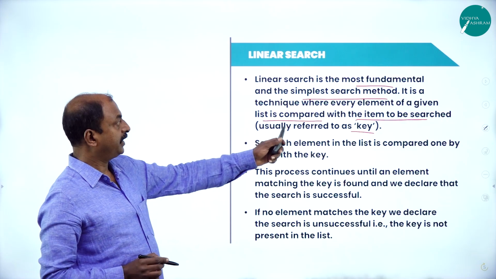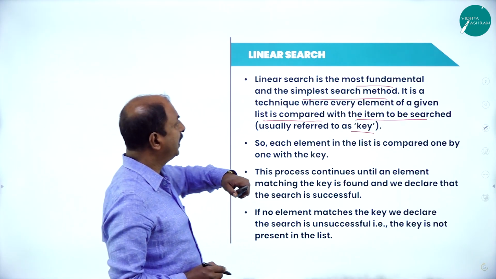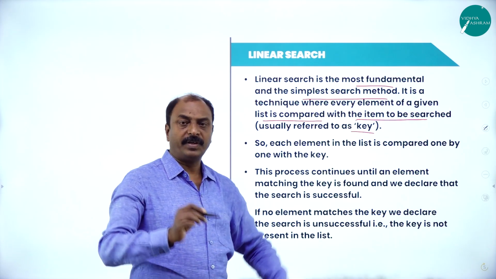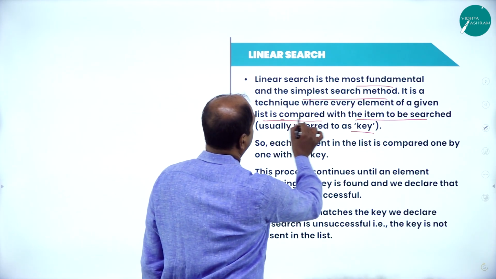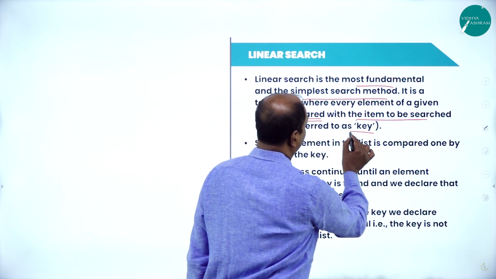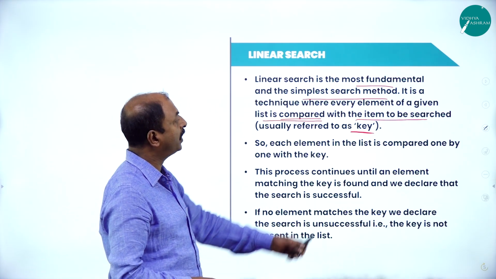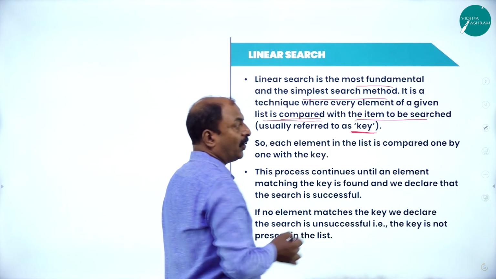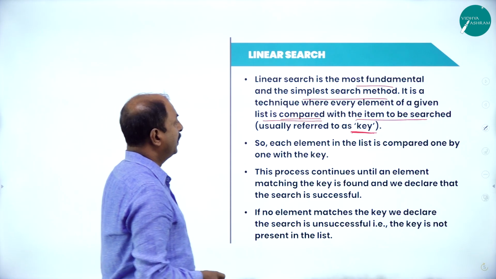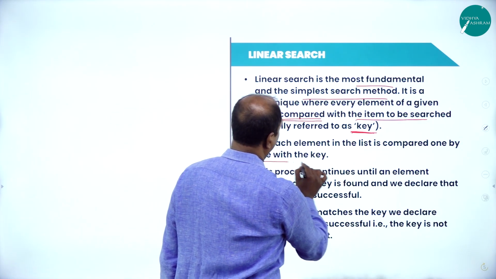So what is a linear search? It is a very simple method, a very simple search, and here each and every element of the list is compared with the key element, or the element we are to search for, or what you are looking for. That is, we are using the word key or key element. Each element in the list is compared with it one by one.